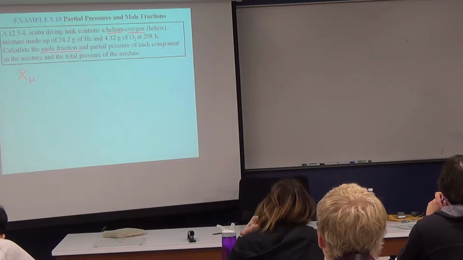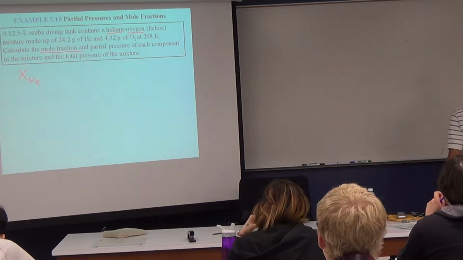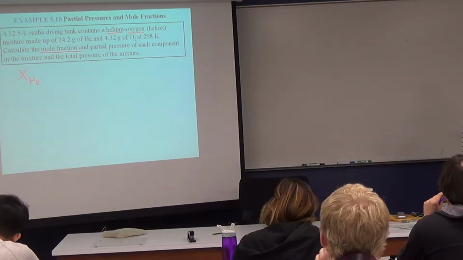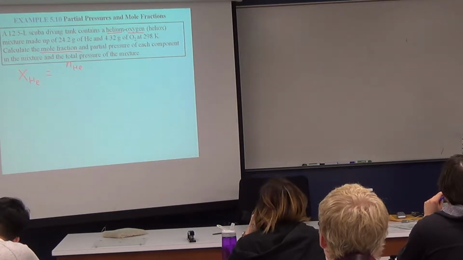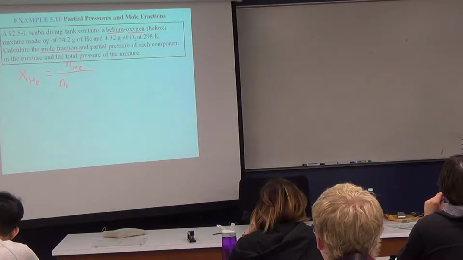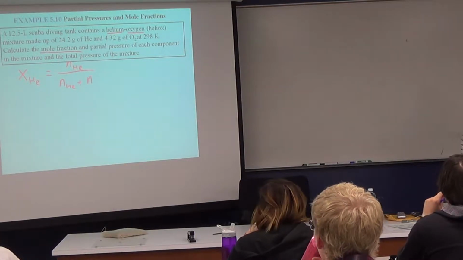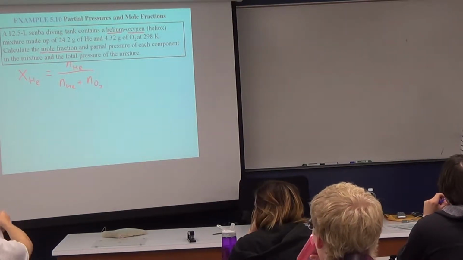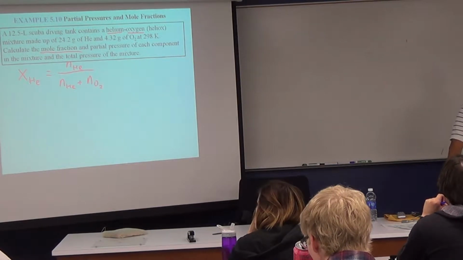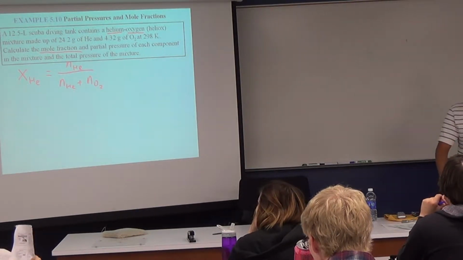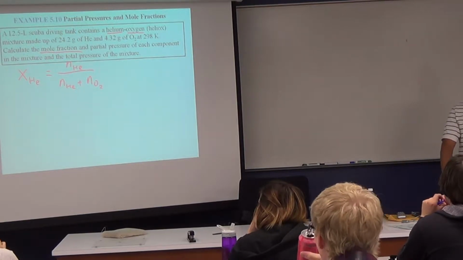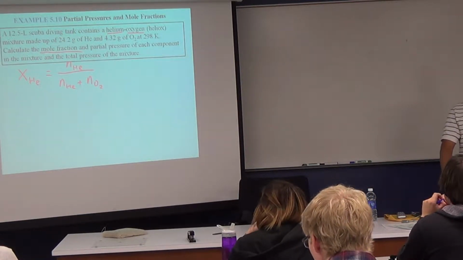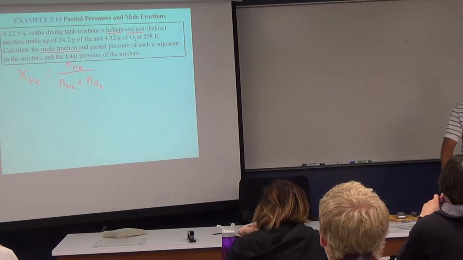And we will call that the mole fraction of helium, and that equals moles of helium divided by moles of helium plus moles of oxygen gas. So that is the definition, and that's the problem. You want to find out the mole fraction, you just see what is the equation for mole fraction.